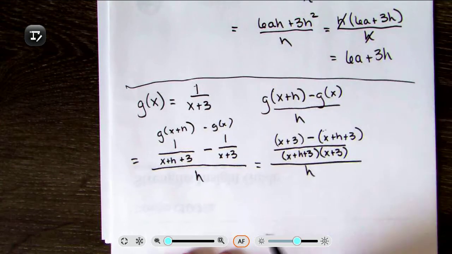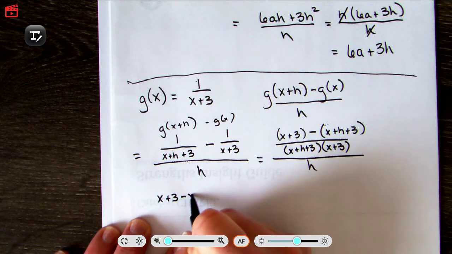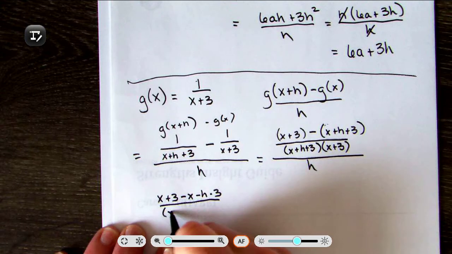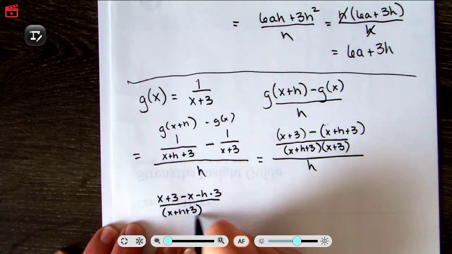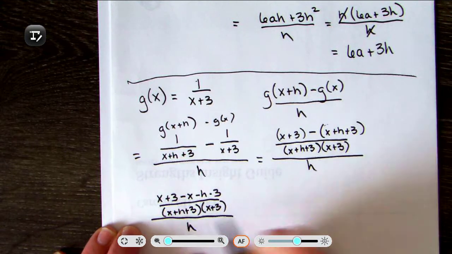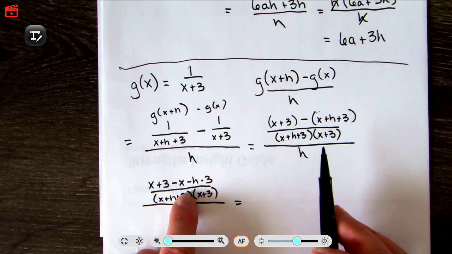I'm going to subtract. So that's going to give me x plus 3 minus x minus h minus 3 all over my common denominator, all over h. So all I've done is distributed the negative through.